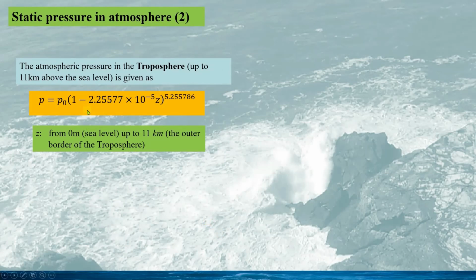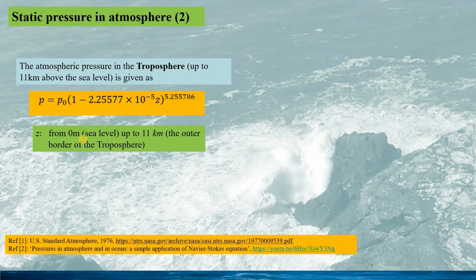We can obtain the pressure expression in the troposphere, which is up to 11 kilometers above the sea level. So we can see the pressure decreases with the altitude. The full formulation for the pressure in the atmosphere can be found in the reference.